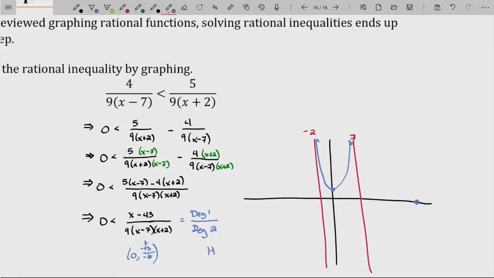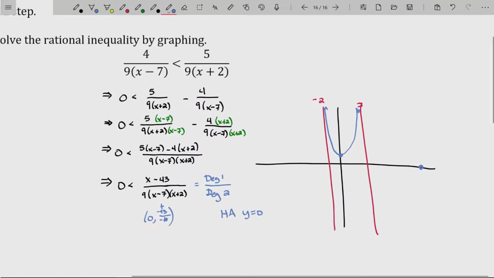So I know the horizontal asymptote is y equals 0. That's going to be important, okay? So here we go. Let's see if these are odd multiplicities as far as the vertical asymptotes go. It's the opposite behavior. It's going to want to go through x equals 43 like a line.